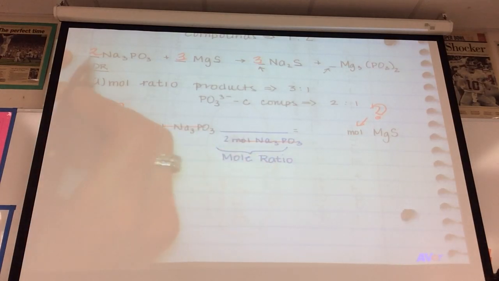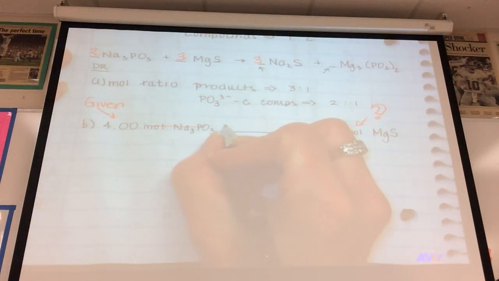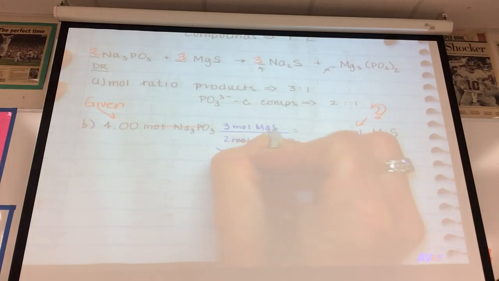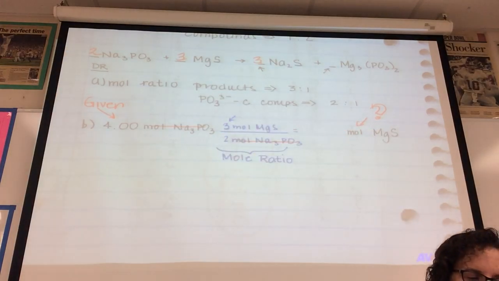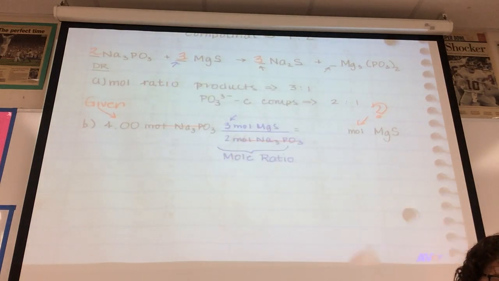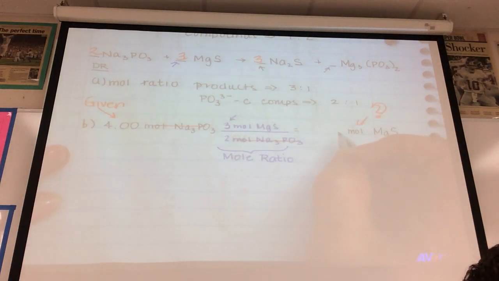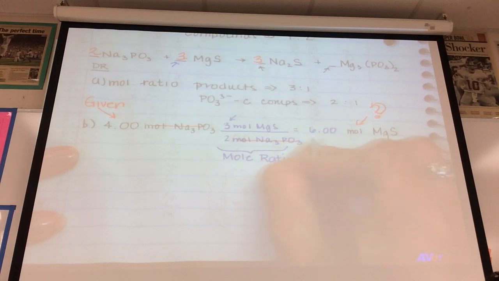This number comes from the coefficient in the balanced chemical equation. I want to get to magnesium sulfide. I've got 3 moles of magnesium sulfide. Where did the 3 come from? Balanced equation. This is a mole ratio. And then you've got 6 moles of mag sulfide.